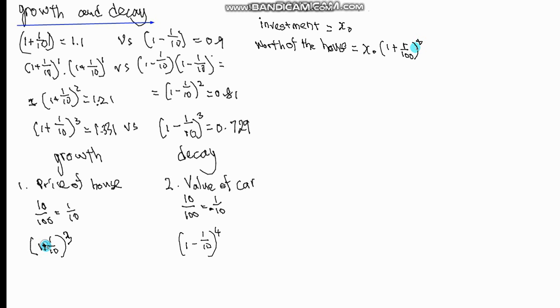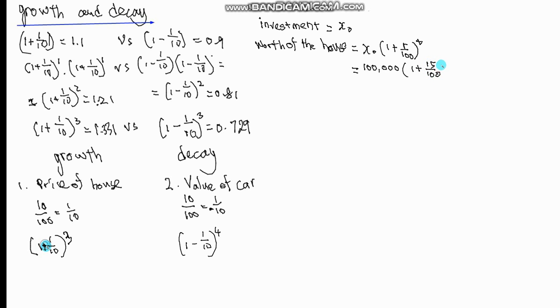Okay, now, let's look at a scenario. Let's say the house at the beginning is worth 100,000. Okay, now, then the growth rate of the appreciation, the yearly appreciation percentage is 15%.